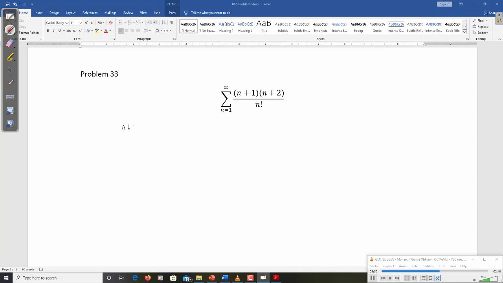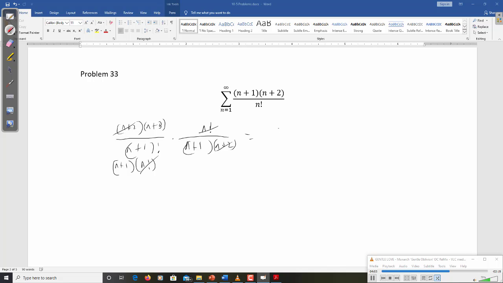N plus 2 times n plus 3, if you plug in n plus 1, over n plus 1 factorial, times n factorial, because I'm just dividing by this, over n plus 1, n plus 2. Well, first off, we have the nice case of these going away. This is n plus 1 times n factorial, so you can cancel out the n factorial.